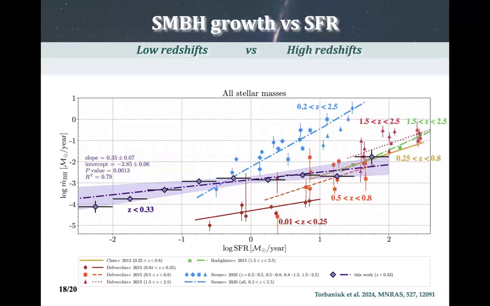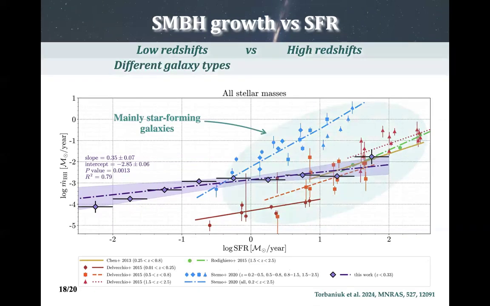And when we go to higher redshift, we see that our relation is actually much flatter compared to the higher redshifts. But the problem is that those are mainly star-forming galaxies. So we are comparing quiescent plus star-forming, while they have just star-forming galaxies.